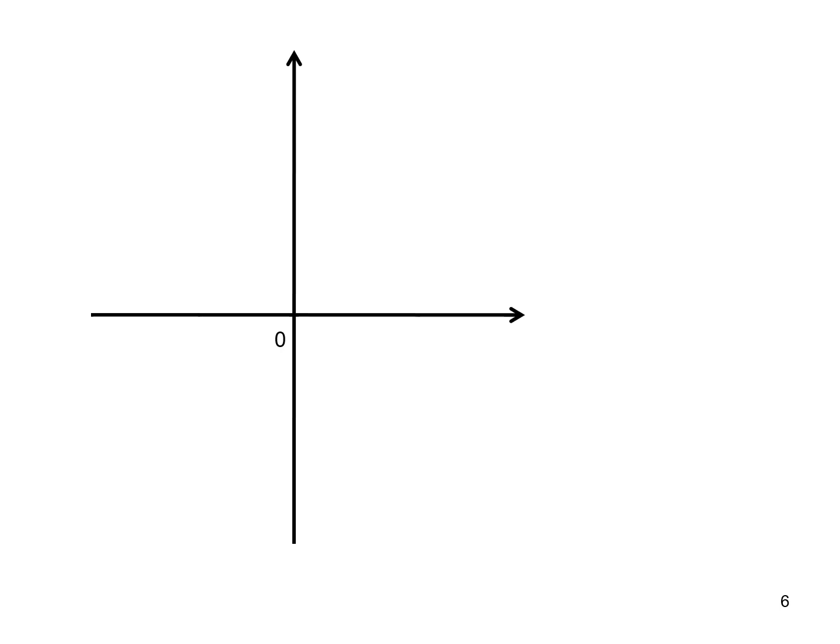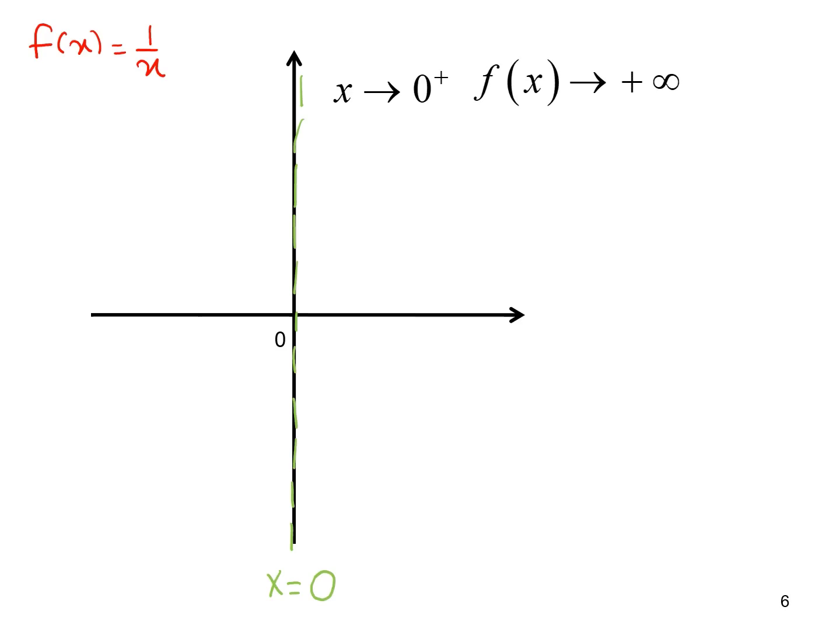Now, let me show you how the graph of f(x) equals 1 over x looks like. For the vertical asymptote, we have found that x equals 0 is the vertical asymptote. So, this is the line x equals 0. And we test the limit that when x tends to 0 from the right, f(x) tends to positive infinity.